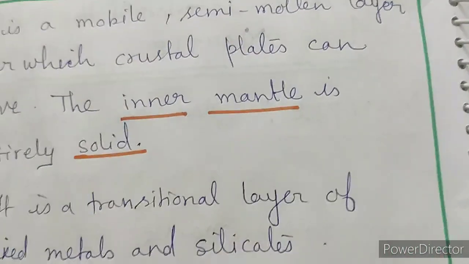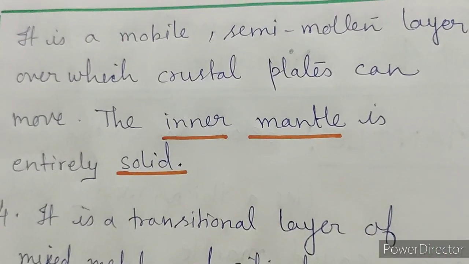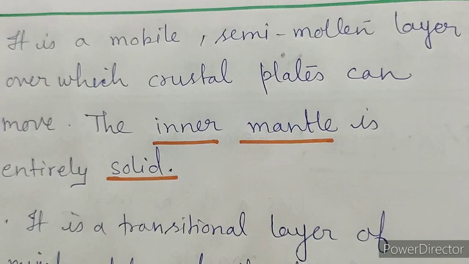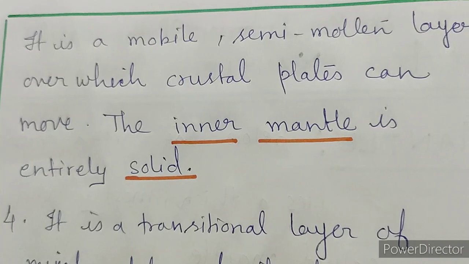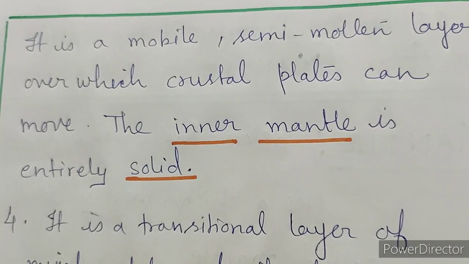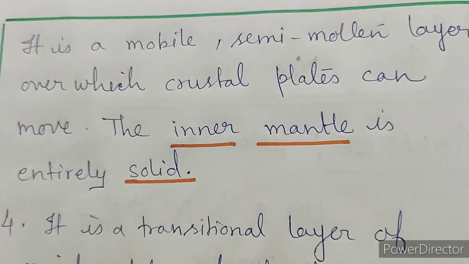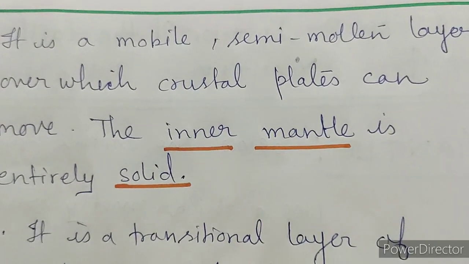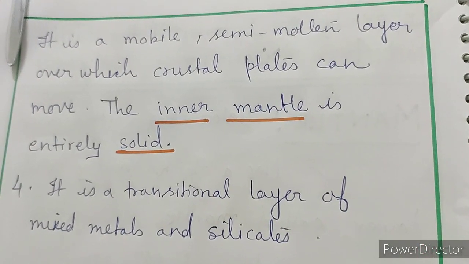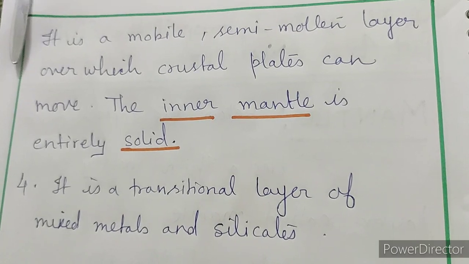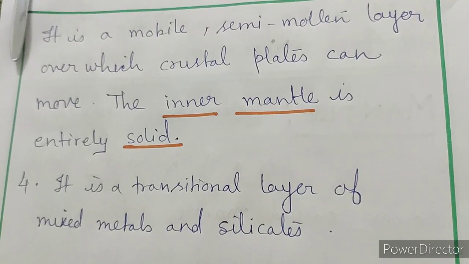It is a mobile semi-solid semi-molten layer over which crustal plates can move. So it is in a semi-solid state, so it is mobile. Mobile means it can move from one place to another. And because of its mobile condition, the crustal plates can do some movements.